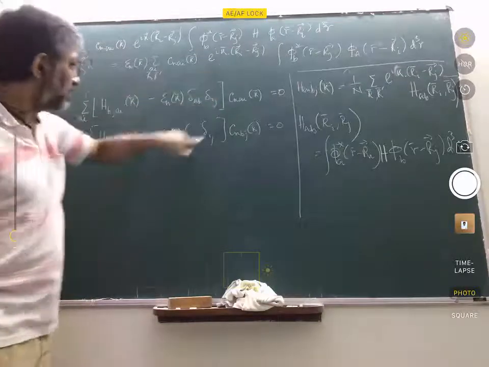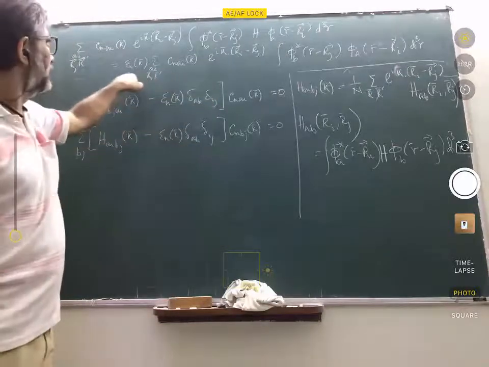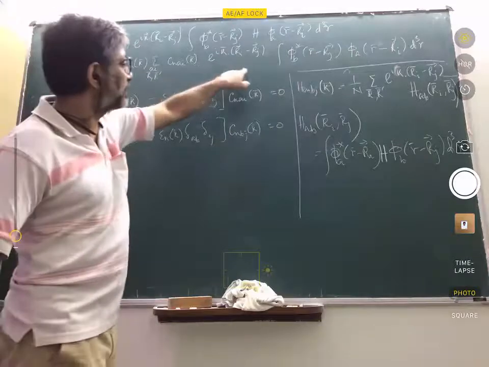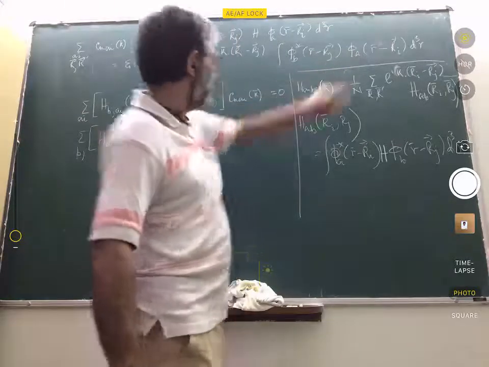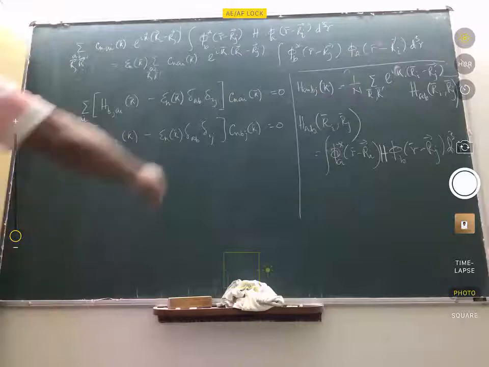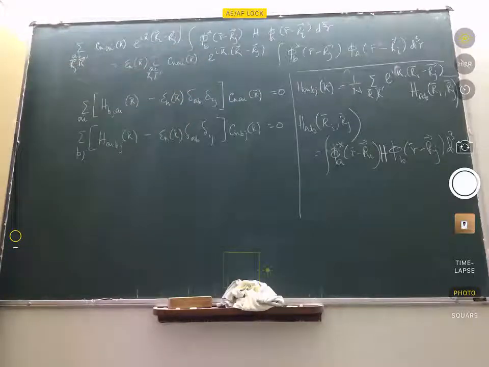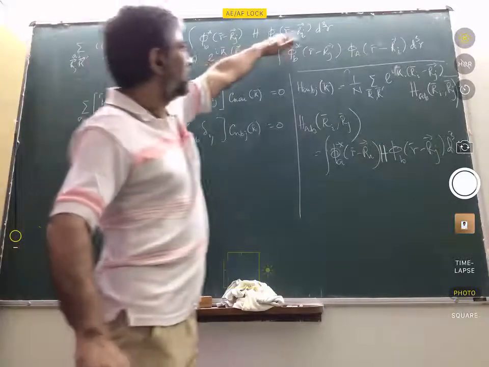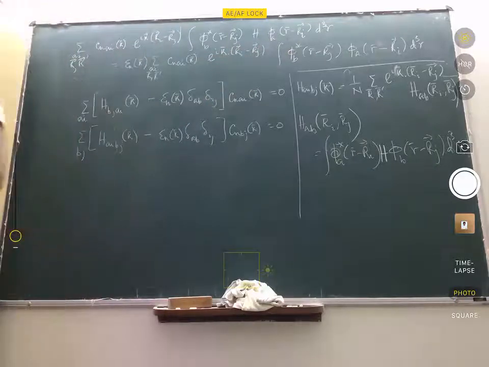And in the second term, this is epsilon nk. Then this is just a simplification one does here, the simplest tight binding Hamiltonian one writes. One just neglects these overlap integrals, as we did in case of the molecule also.